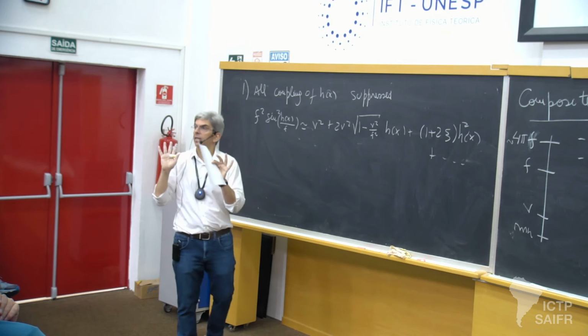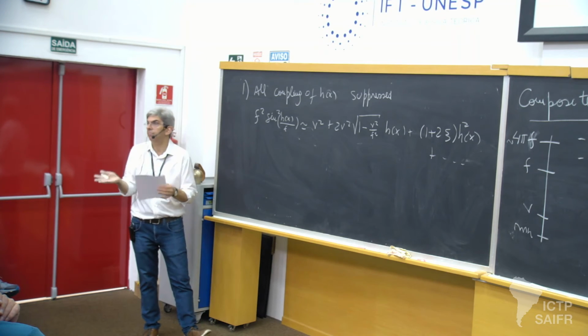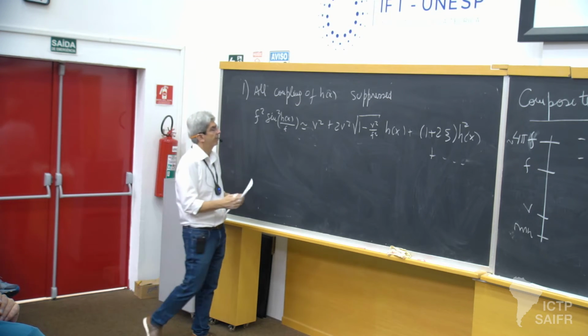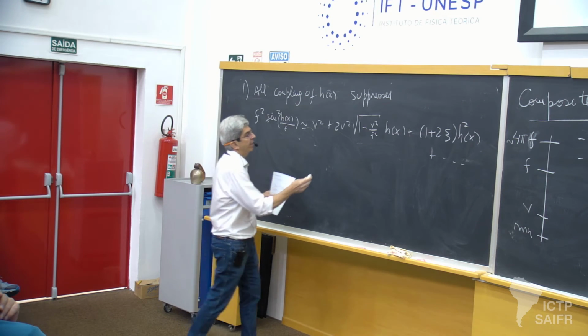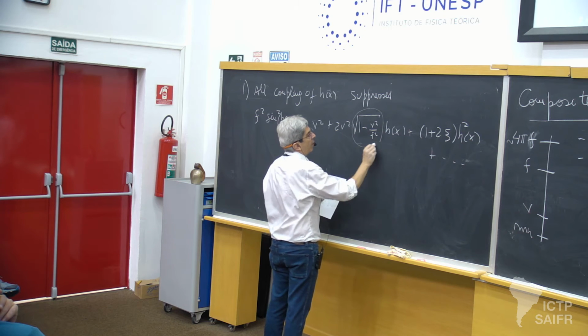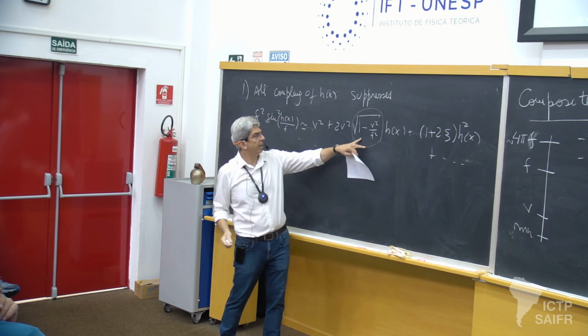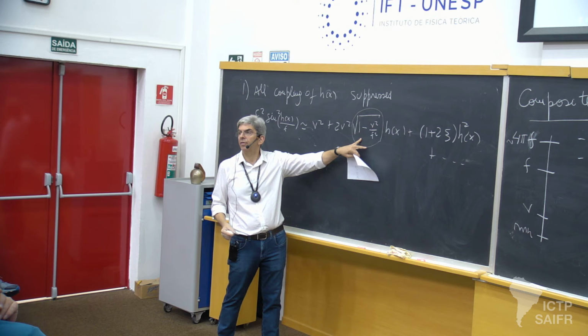Again, this is a non-renormalizable theory, just like the nonlinear sigma model was. And so every time you have one Higgs coupling with something, its coupling will be suppressed by this number.